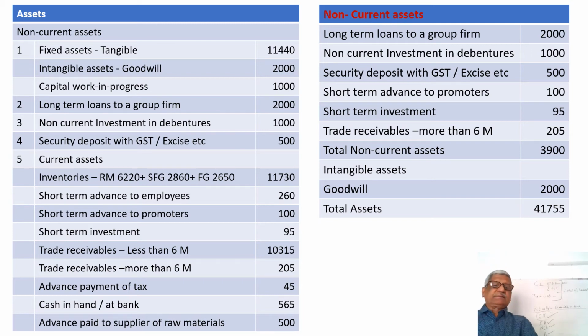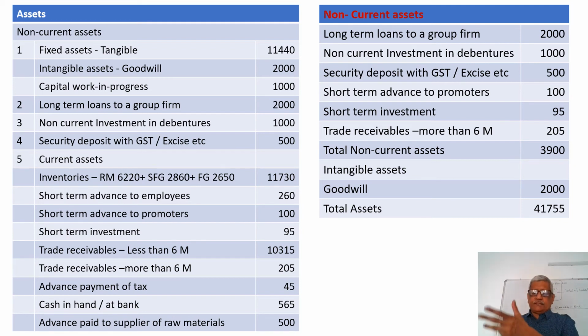And any short-term investment. See, any investment, irrespective of whether it is a short-term or long-term, it is a non-current asset for a banker, because we are financing the current assets. So if investment happens to be inside the current assets, it means that bank is providing working capital to enable the company to make investment in the capital market.